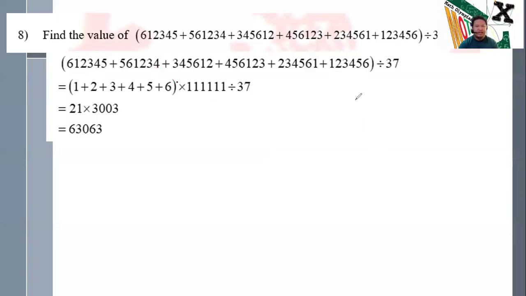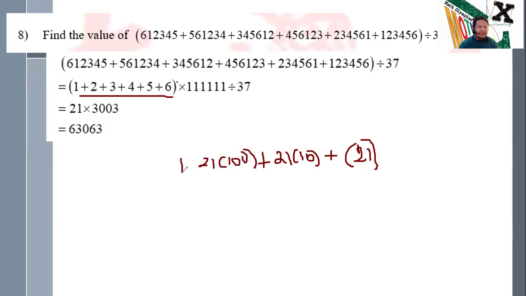How did we get that? Basically, let's show how we got that. The first digit is 1, 2, 3, 4, 5, 6. In the ones digit, that's 21. Plus, in the tens digit, the sum of the digits in the tens is 21, so 21 times 10. And the hundreds digit, that's 21 times 100, because it's all 1, 2, 3, 4, 5, 6.